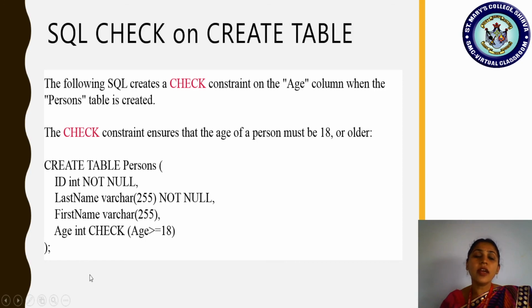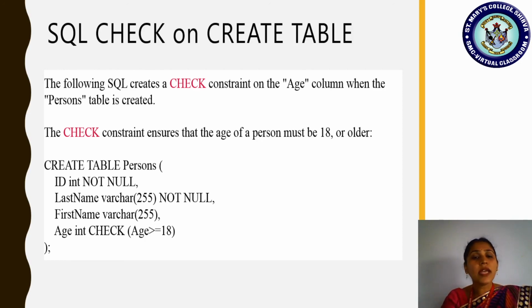So whenever we are entering any value for the age in the person table, let us assume the person table is already created and now you have entered person ID, last name, first name, and now I am entering age as 15, 1, 5. It is going to check whether that age 15 is greater than or equal to 18.